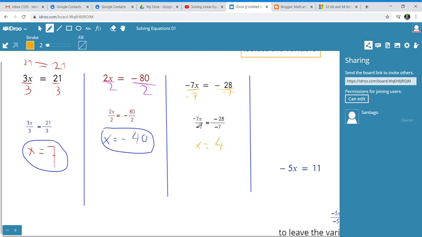Remember that negative divided by negative is positive. Then the solution of this equation is x equals 4.